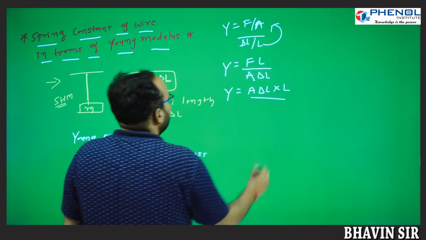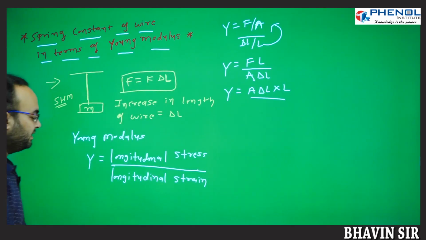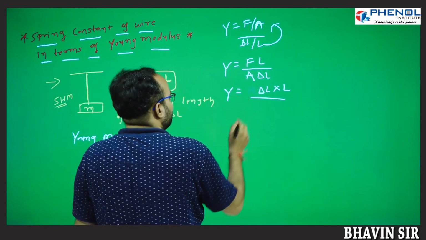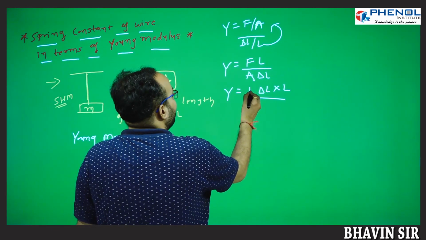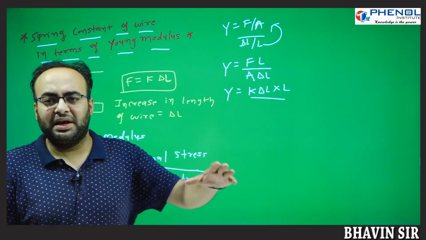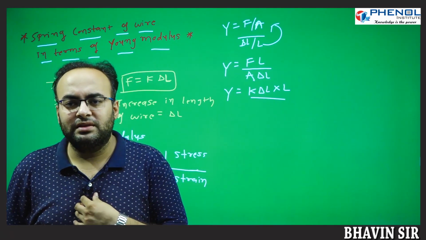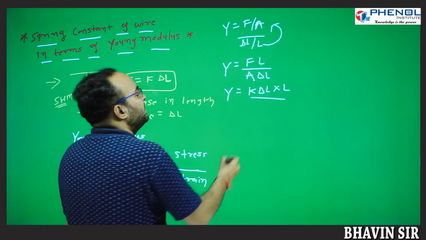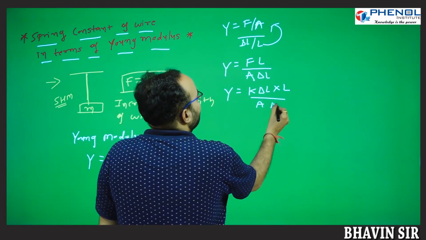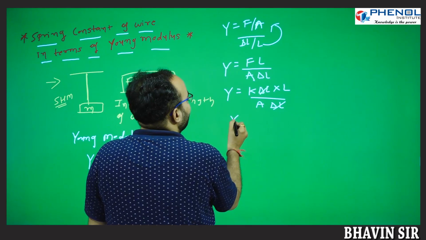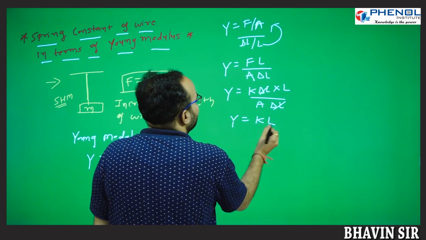Restoring force is K delta L. Kx, boy, but here we write K delta L because delta L is the change in length of wire. So delta L cancels.